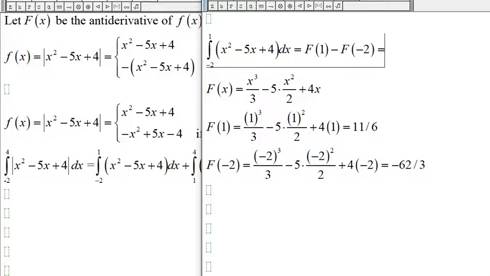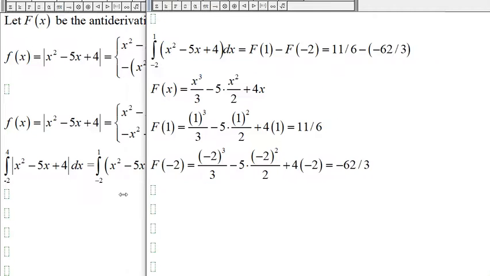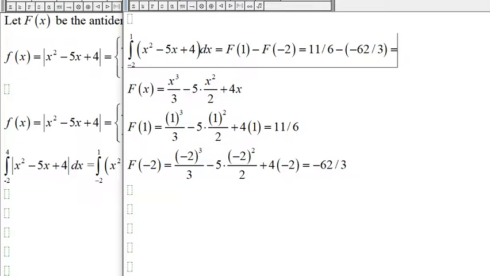And so this right here, the first integral, would be 11/6 minus -62 thirds. And this is going to be 45 halves, or 22.5. So the area of the first region is 22.5.